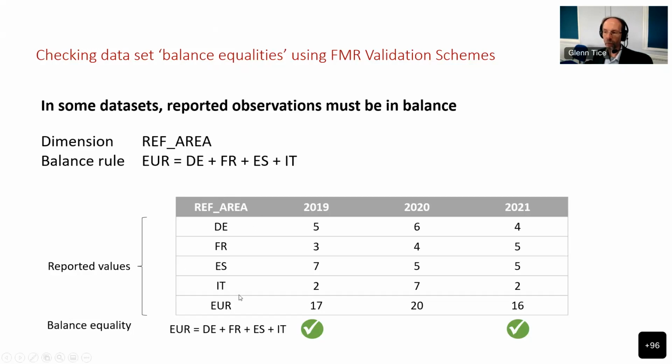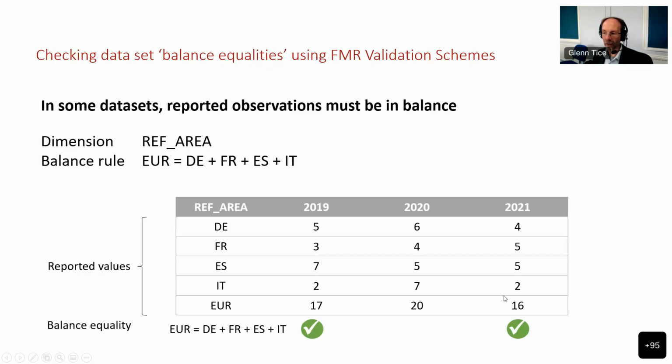And so we may want to define a validation rule here that looks at the equality or the consistency between the values reported at the country level and the values reported at the region level. So in this particular case, we define a rule that says that the value reported at the EUR or the Europe level must be the sum of Germany, France, Spain, and Italy.